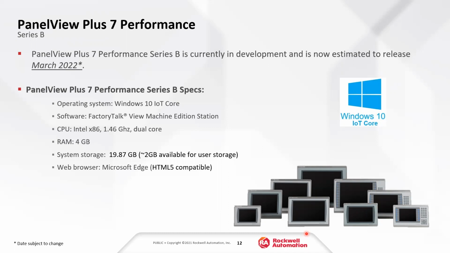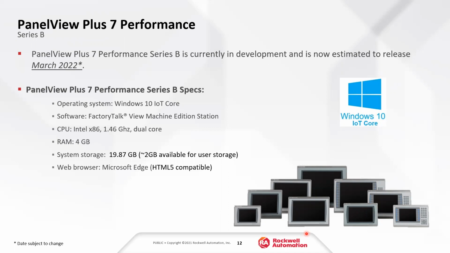Basically, running on the panel itself will be FactoryTalk Machine Edition Station, but that's really not anything to get too worried about. There's no licensing required when you purchase the PanelView Plus 7. Any kind of runtime license will already be on the panel, but that's the technology that'll be running on the box.